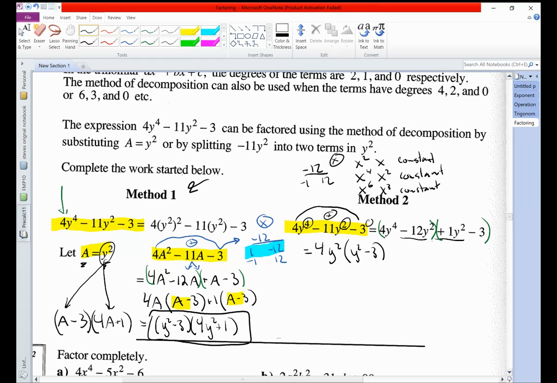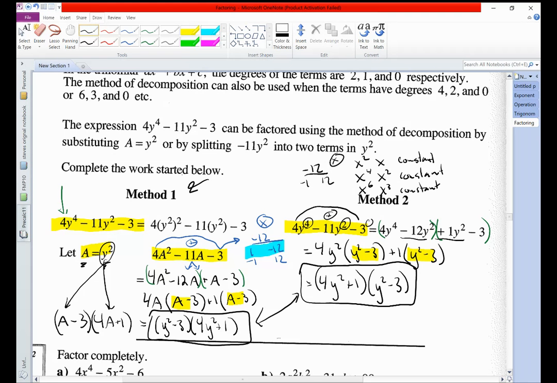And in the second one, I can factor out a positive 1. And I'm left with y squared minus 3. And you can see that your binomials here match, so you're on the right track. So when we factor that out, I did this backwards, but we have 4y squared plus 1 and y squared minus 3. And you can see that it's the same answer.